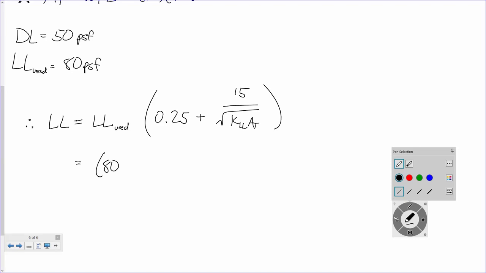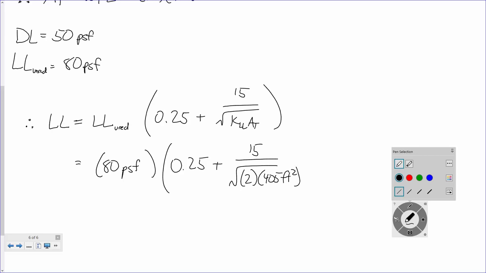So 80 PSF, everything's in US units, 0.25 plus 15 over the square root of 2 times 405 feet squared. And what is that? 62.16. All right.